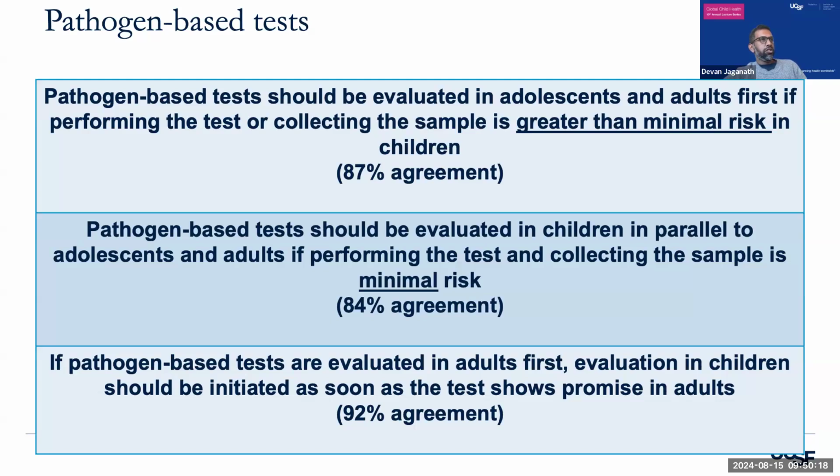And so ultimately we reached consensus based on thinking about the risk of collecting or performing that test. If it's a pathogen-based test in early evaluation, and it is greater than minimal risk, then it makes sense to first evaluate that in adults or in adolescents. If it's minimal risk, though, then it should be evaluated in children in parallel to adolescents and adults. And if it's performed first in adults, then it should be initiated in children as soon as it's shown to be promising.